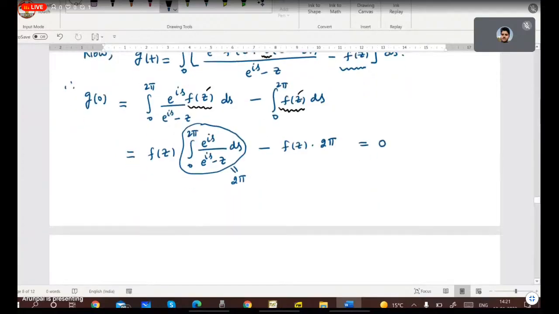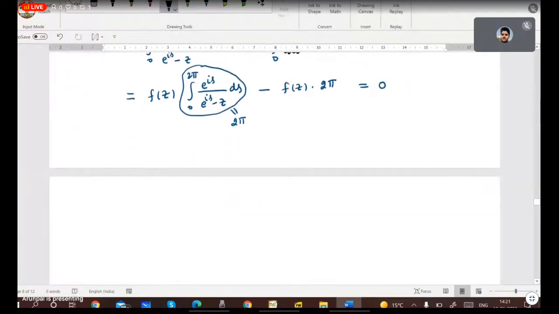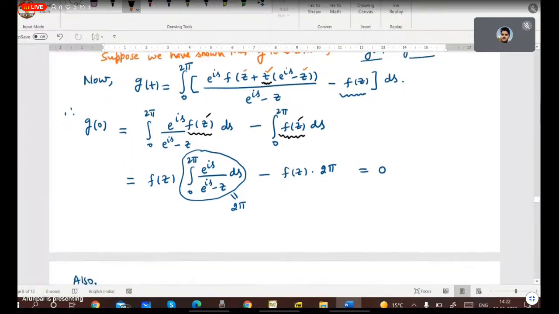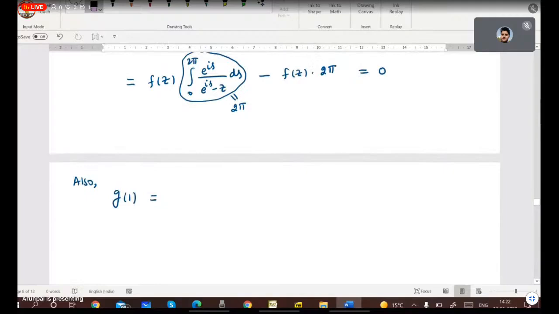Now let us compute the value of g at 1 also. The value of g at 1 will be what, class? For t you put 1. If you put 1, class, you can see that this minus z will cancel this z, right, class? So what will be g of 1, class?